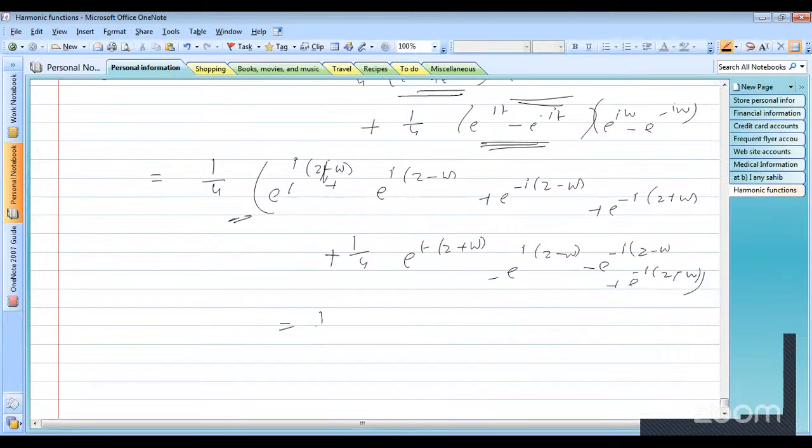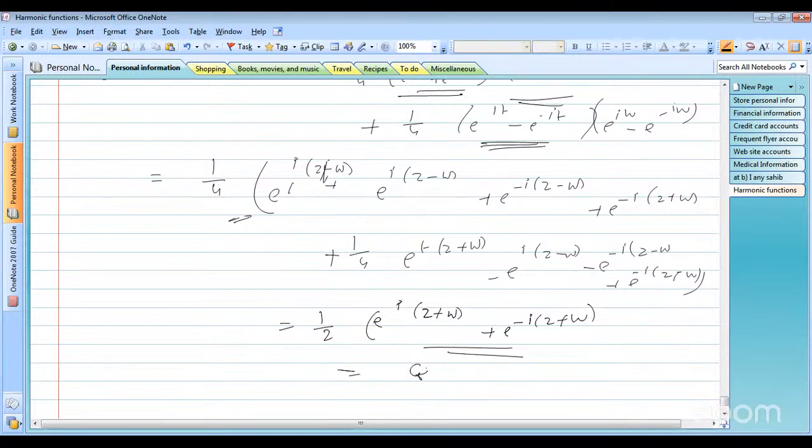After the simplification, 1 by 2 (e^{i(z + w)} plus e^{-i(z + w)}). So this is a plus, and this is cos of z plus w, that is (e^{i(z + w)} plus e^{-i(z + w)}) by 2, which means cos(z + w).